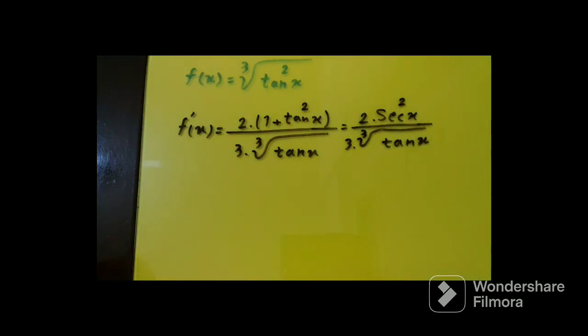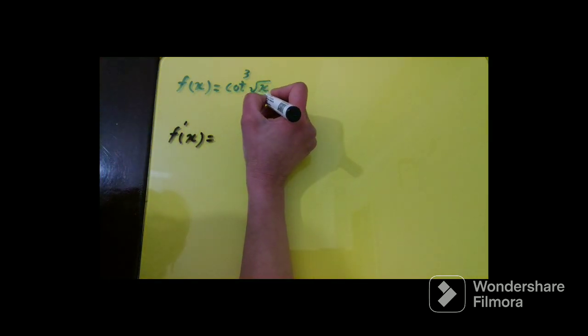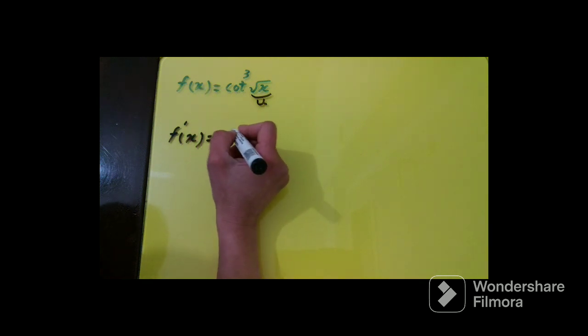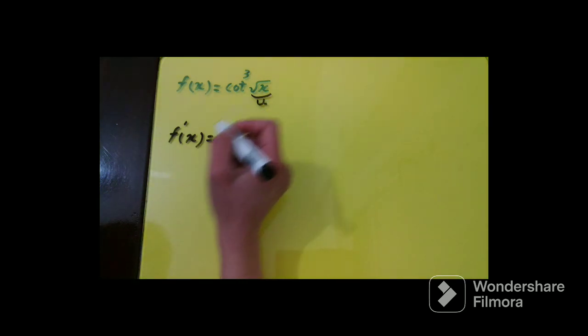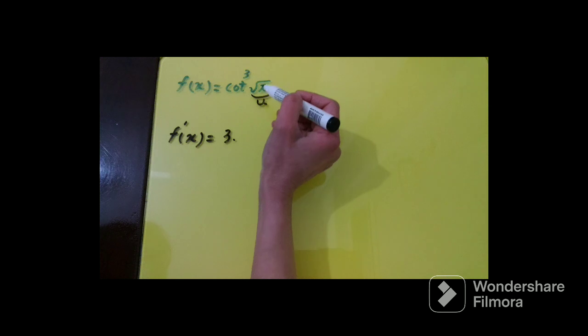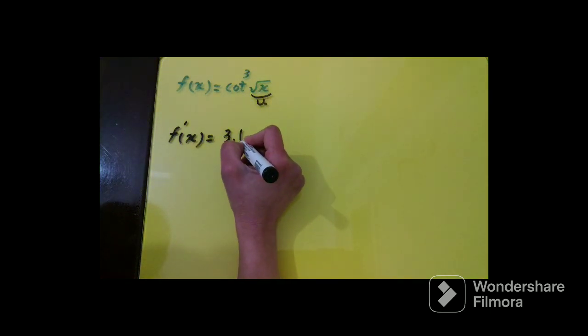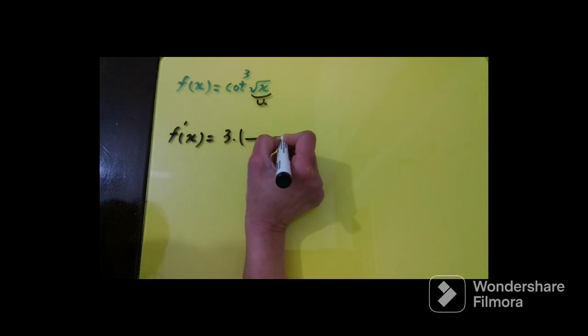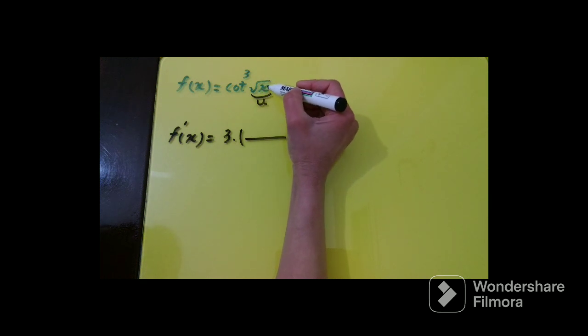Next example. Okay guys, in this example, this term is u. According to the formula, first you should bring the power down, 3 times. Now you should get the derivative of u. As u is a radical function, according to the rule, for up, you should get the derivative of this.